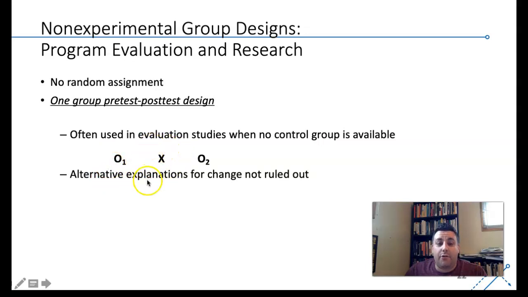The intervention or the treatment then would have been 14 or 15 weeks of social work research methods class, and then we could have repeated the same test, and we would expect that scores, of course, would be much higher at the post-test than at the pre-test. And what that would let us conclude was that our class was effective at increasing students' level of knowledge when it comes to social work research.